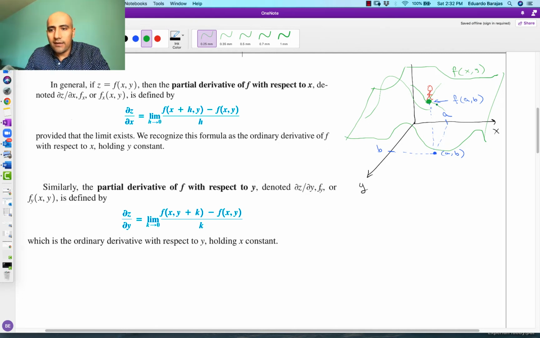So coming back this way, let's say that it looked like this. So if you're facing the x-axis, if you're going to hold y equals b constant, then as x approaches a, if we consider this description over here, we could think about some other point that is along the x-axis.